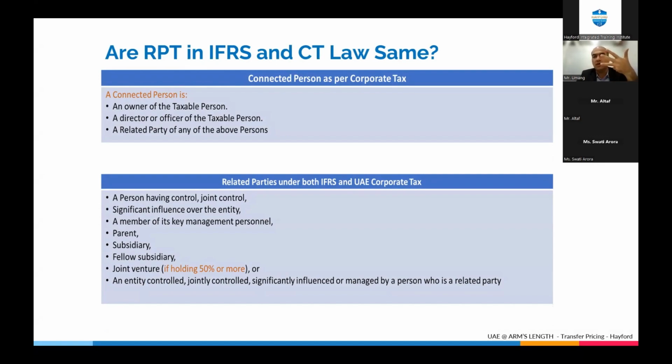Even the relative or related party of all of these three people would also be captured as part of the connected person, and therefore any payments made to them would also be triggered to satisfy the arm's length principle or the market value principle.